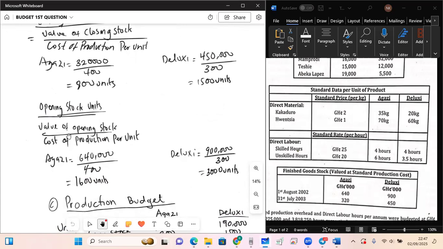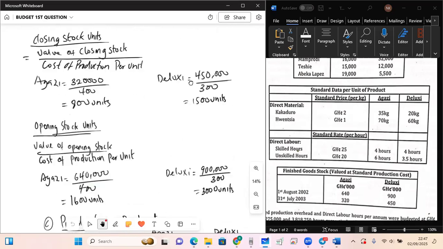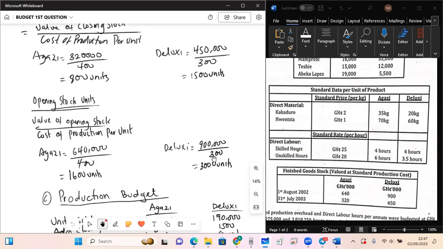Now, we move on to solve for the opening stock as well here. It's also the same as the value of the opening stock divided by the cost of production per unit. The value of the opening stock we're having is 640,000 divided by the cost of production per unit as we're having here. So we get 1,600 units. And then for the Luxy, it's 900,000 divided by its cost of production per unit, which is 300.